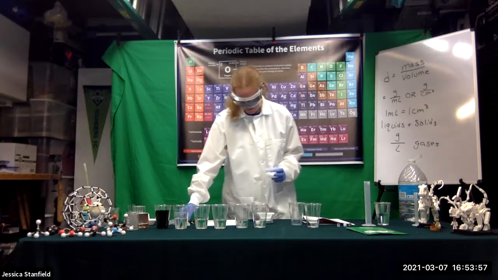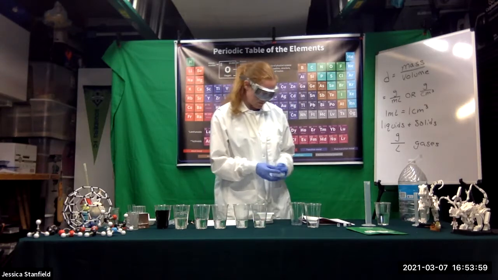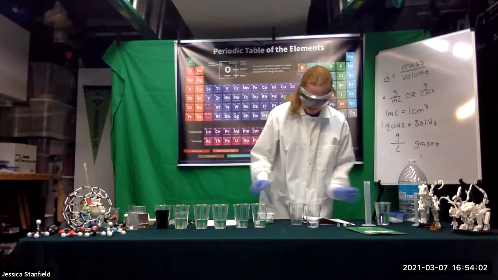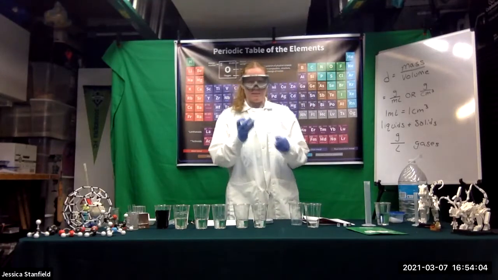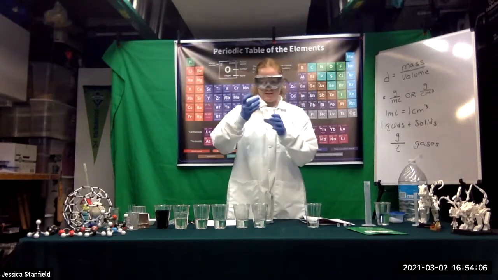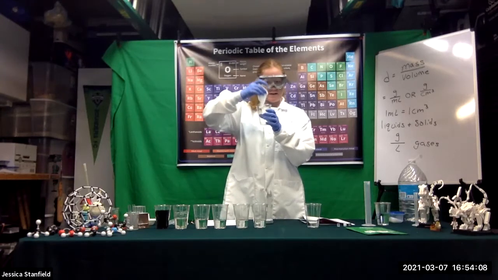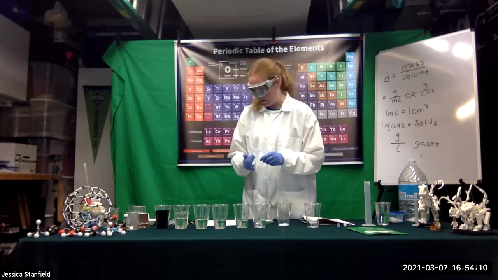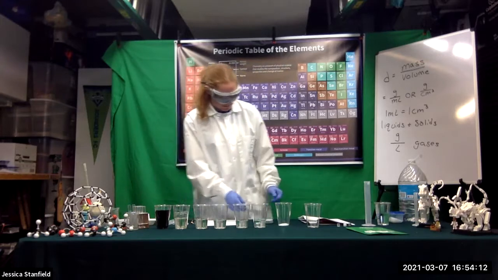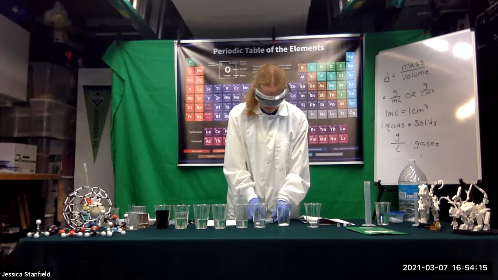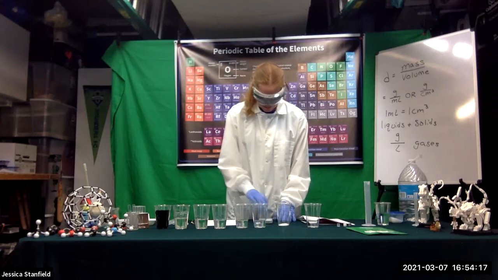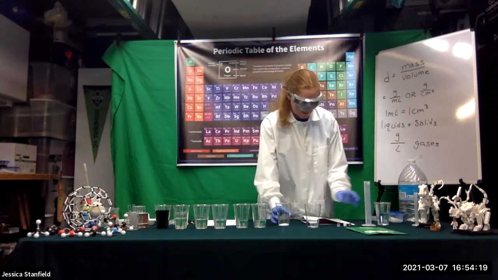There's my 5.5 grams. Okay. To pour this into my cup, I'm going to take my weigh boat. I'm going to pinch it. And I'm going to pour it. Okay. And then I can put my weigh boat off to the side so that I can wash it when I'm done. Tare my balance and turn it off for when I need it later.